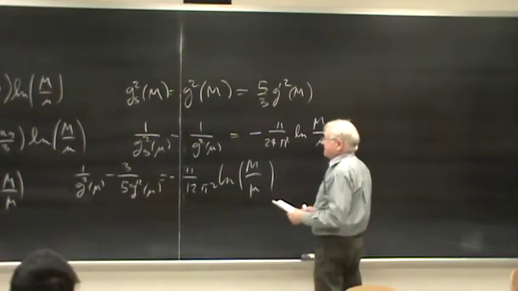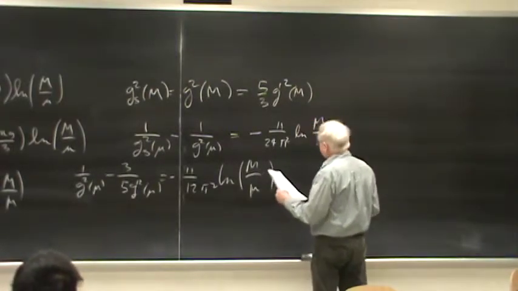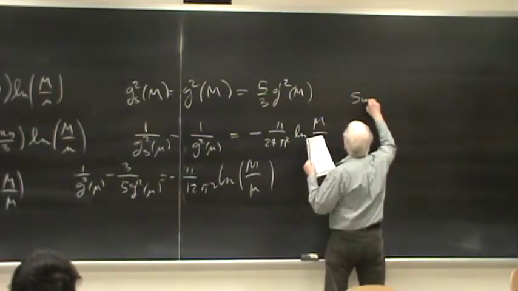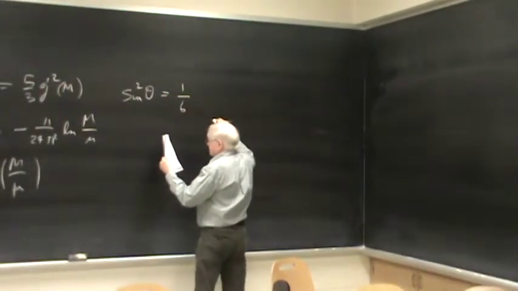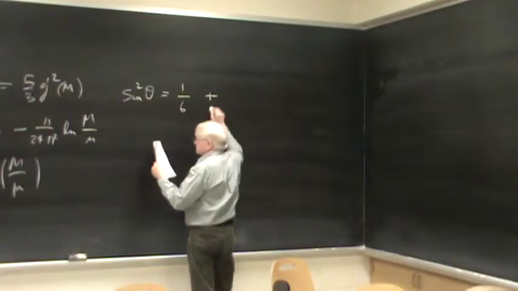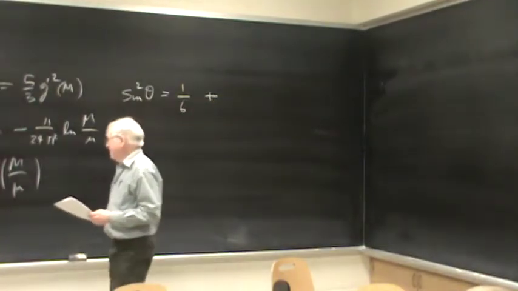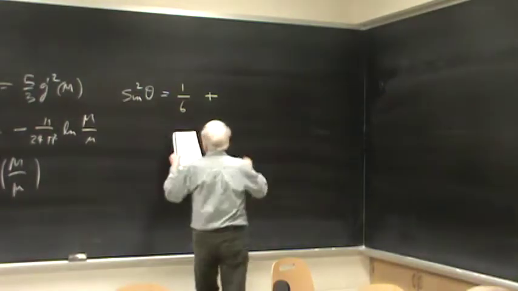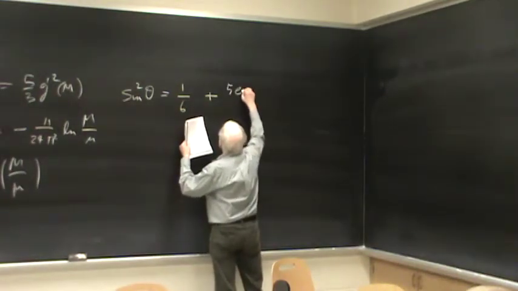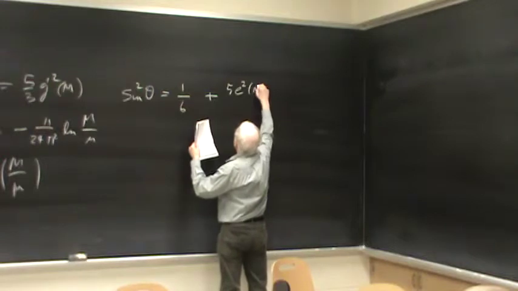And now you take the ratio of these two equations, and what you find is sine squared of theta is 1/6 plus 5/9 e squared at m_Z.